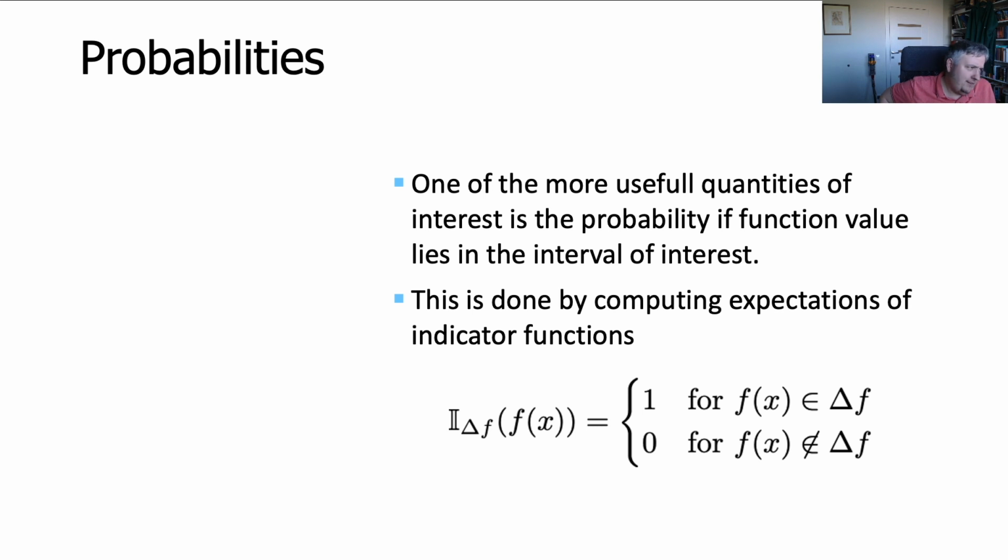The indicator function of a set or an interval is a function that takes value 1 when the element is in the given set, and value 0 if the value is not in that set. So it's a very simple function. For example, the indicator function of the interval 0, 1 gives 1 for x between 0 and 1, and gives 0 for x outside of the interval.